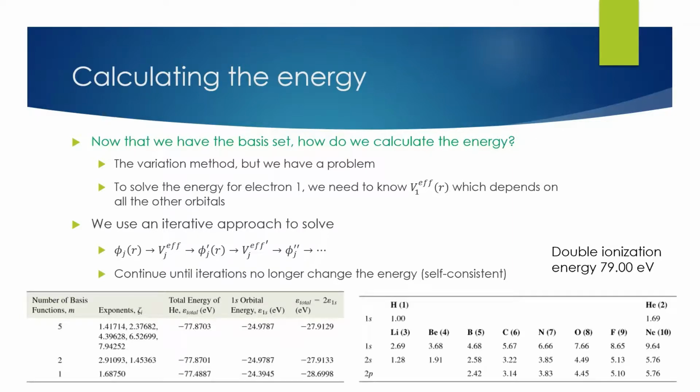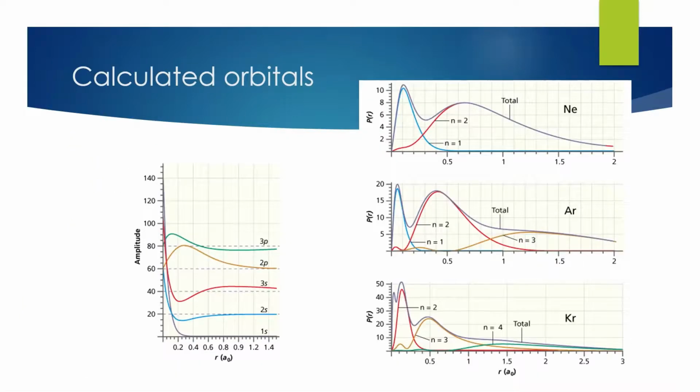Here we can look at some of the effective nuclear charge, and you can see again for helium, the effective nuclear charge is exactly what we get from this single zeta basis set. And these other effective nuclear charges are different based on the different predictions that are used, based on the different orbitals that are applied. We can look at some calculated orbitals and they show that they do the same kind of thing that we expect.